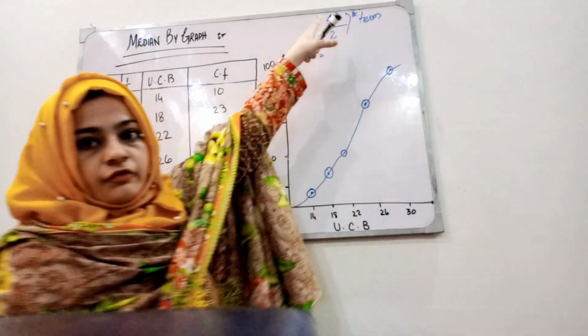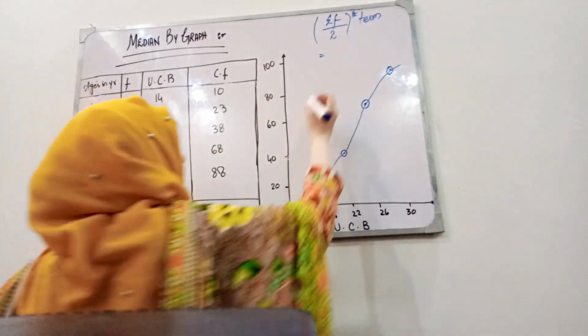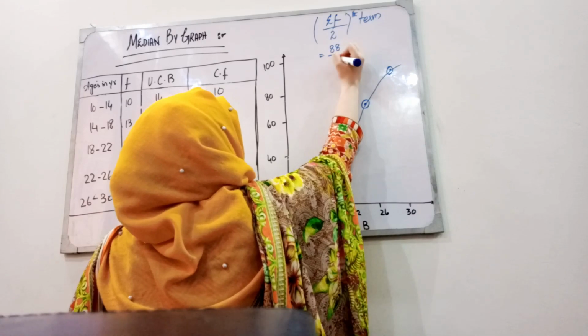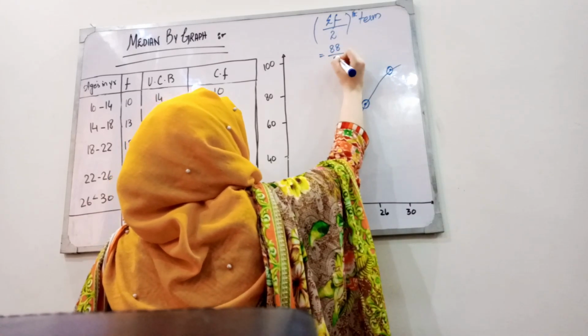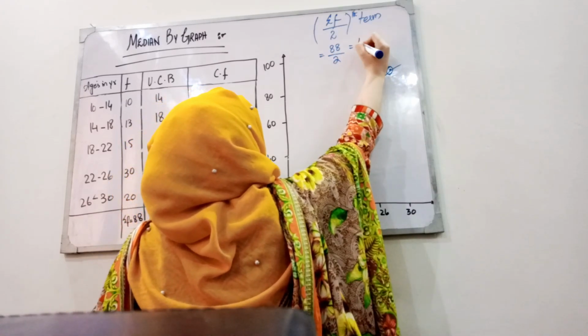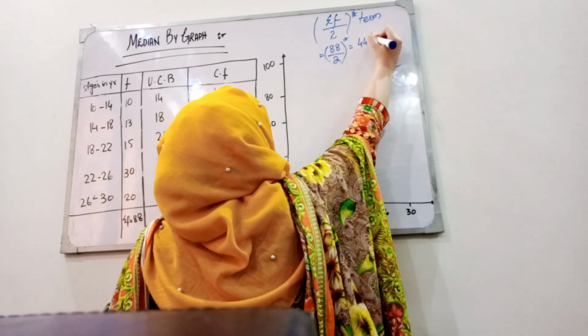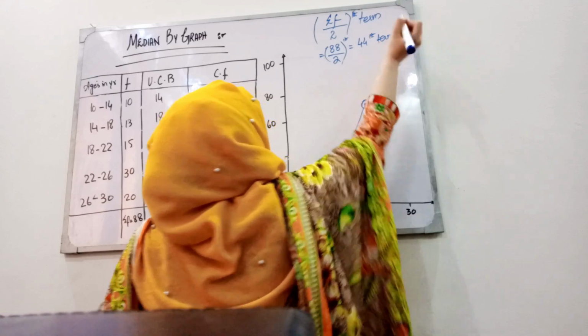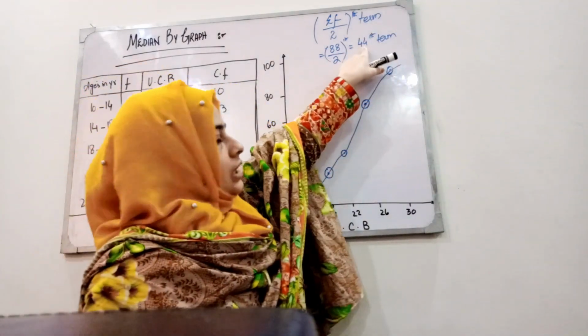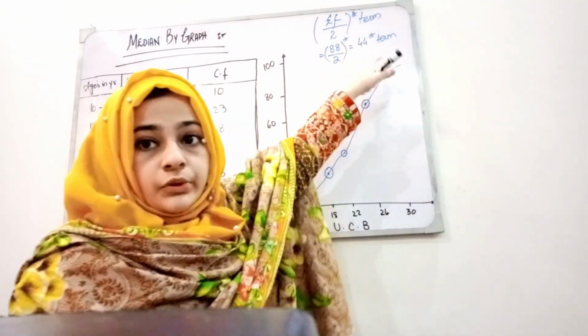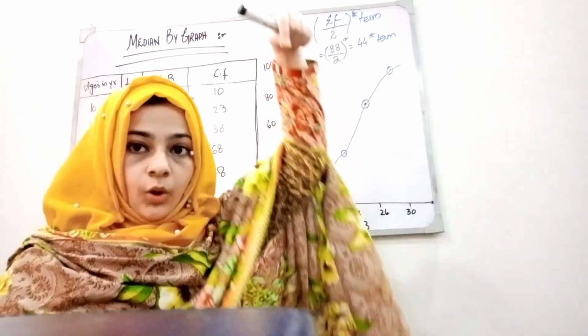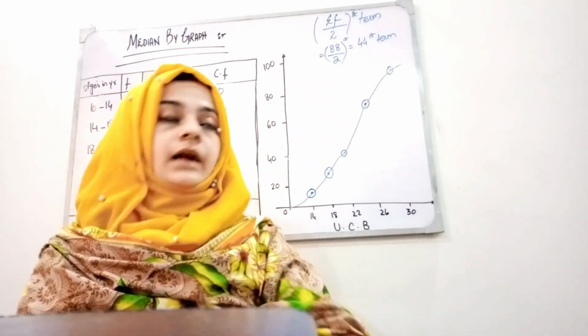The total frequency is 88. 88 divided by 2 is equal to the 44th term, and the value on the x-axis corresponding to that cumulative frequency is our median.